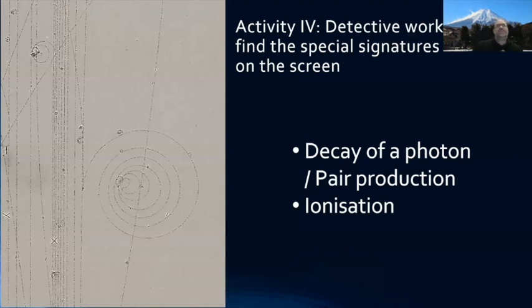In this picture is hidden a photon, which decays into an electron and a positron, and of course, a lot of ionization.